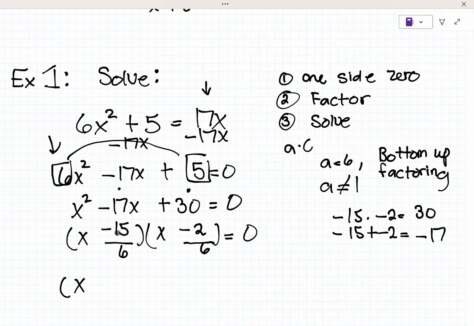Can negative 15 over 6 be reduced? Yes, by 3, right? Negative 15 divided by 3 is negative 5. 6 divided by 3 is 2. Same thing here. Negative 2 over 6 can be reduced by 2. So this would be negative 1 over 3, equals 0.